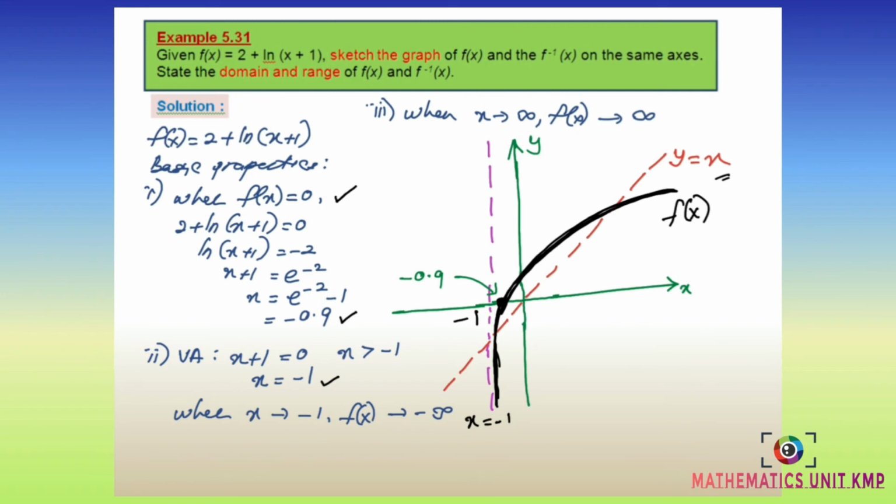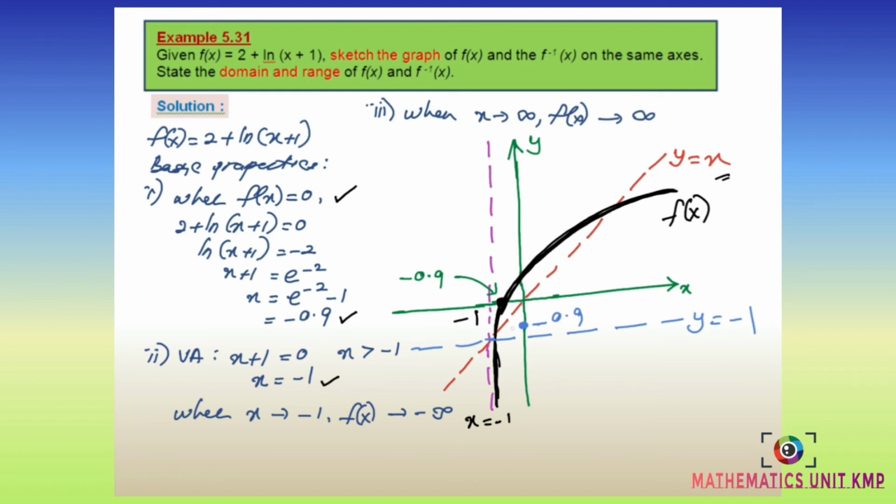We can sketch the graph f inverse by reflecting the graph f(x). When f(x) has a vertical asymptote, the inverse has a horizontal asymptote at y equal to negative 1. When the x-intercept exists at negative 0.9, the inverse has a y-intercept at negative 0.9.